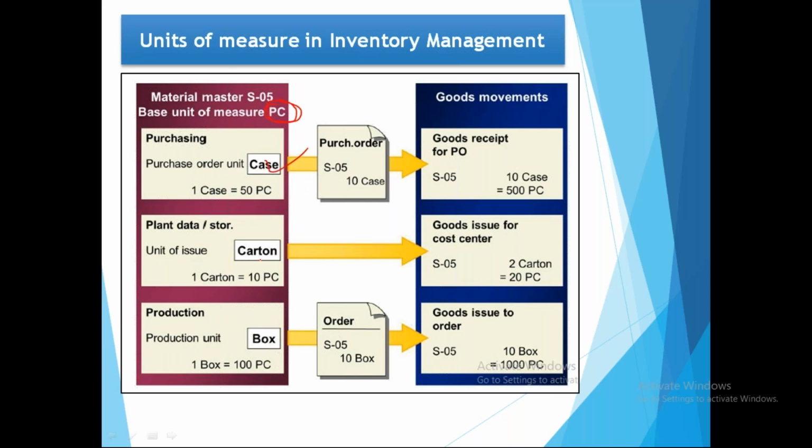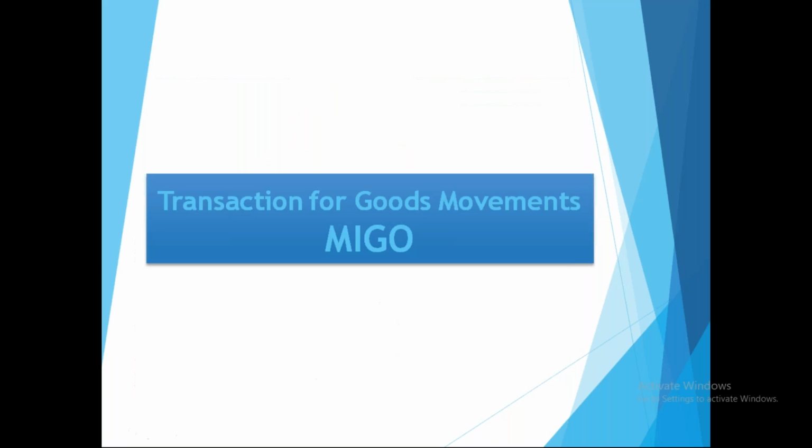Case, carton, box, all these things are alternate units of measure. And whenever you use an alternate unit of measure, you have to maintain the conversion factor. So those are the units of measure in inventory management.